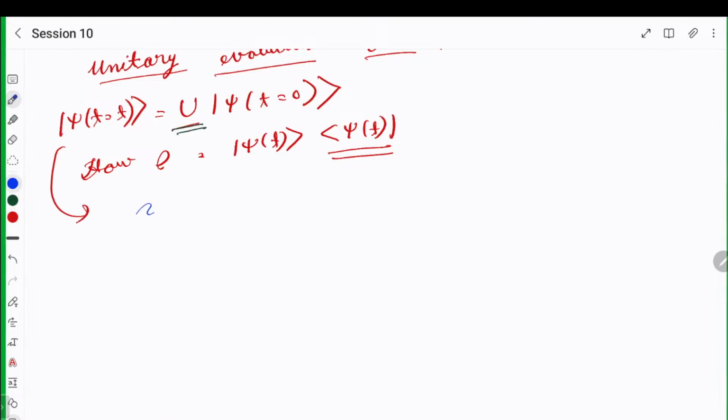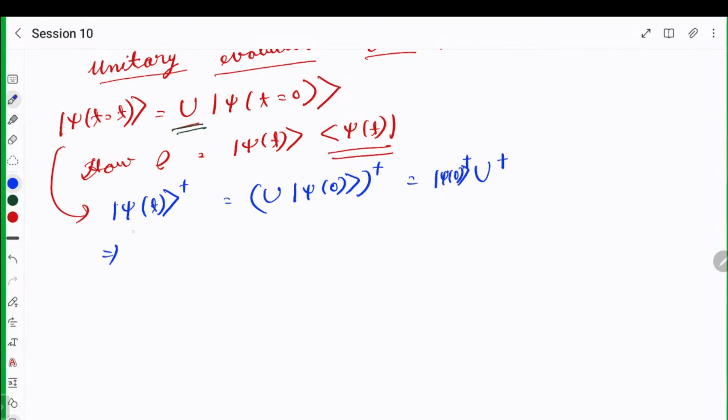From here, if you take the dagger, psi t dagger will be u acting on psi 0, whole dagger. If you take the dagger inside, then the order will change. So u dagger, and you will have psi 0 dagger. Now, ket psi t dagger, as we have seen a lot of times, is just bra psi t. And here you have u dagger, and ket psi 0 dagger is again bra psi 0.